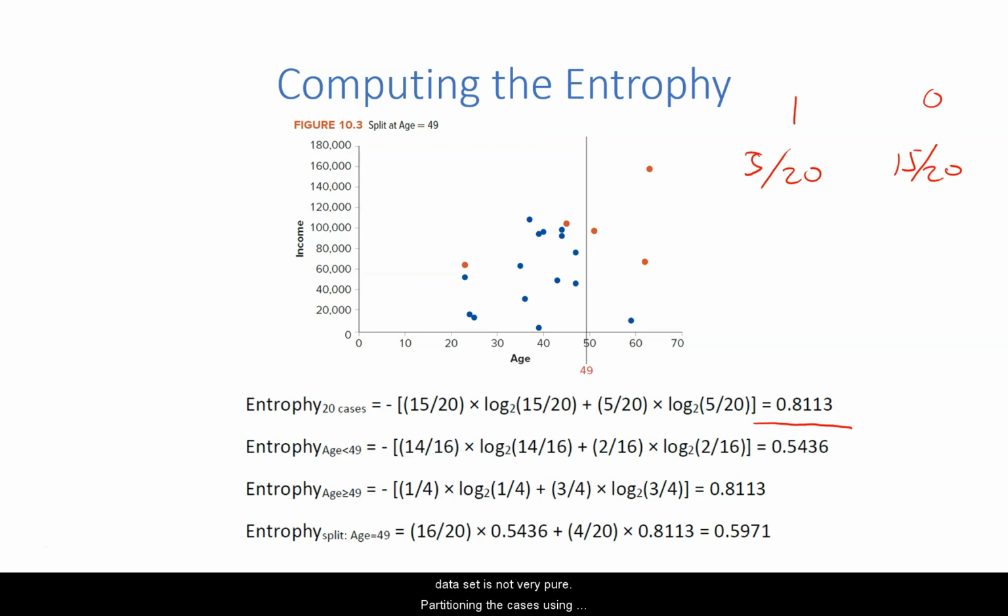Partitioning the cases using age equal to 49 creates two subsets. The subset on the left, where the customer's ages are less than 49, has the class distribution of 2 out of 16 for class 1 and 14 out of 16 for class 0.